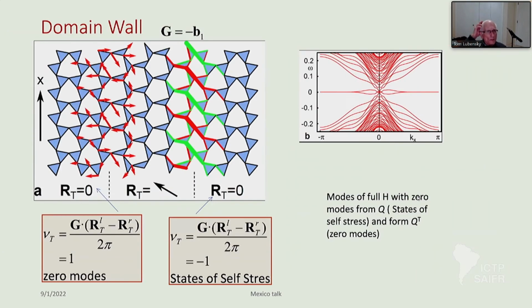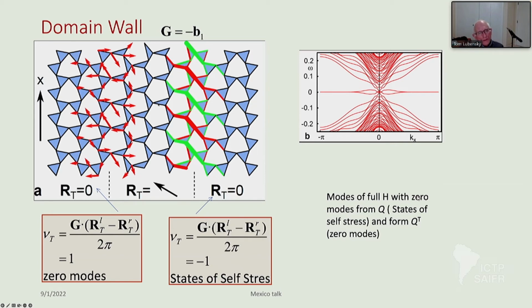Okay, so this just shows that we can do the same thing to have a domain wall that couples a system which has zero modes to a side where, rather than having zero modes, you have a network of states of self-stress.